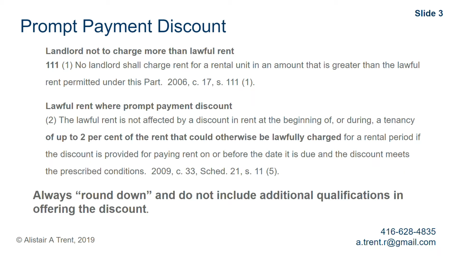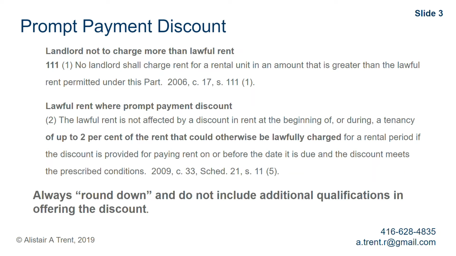And finally, while it's not entirely clear from the legislation, I would suggest that the discount be offered for each month individually, in the sense that, let's say the tenant pays rent for 3 months on time and then pays the 4th month late.